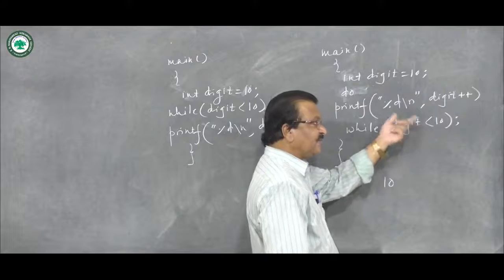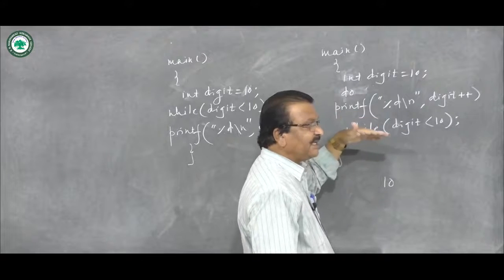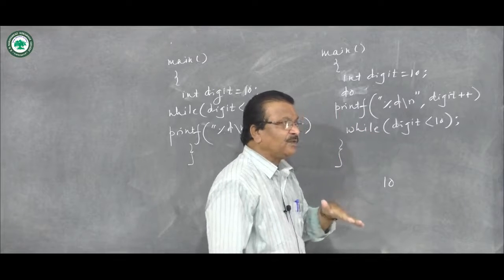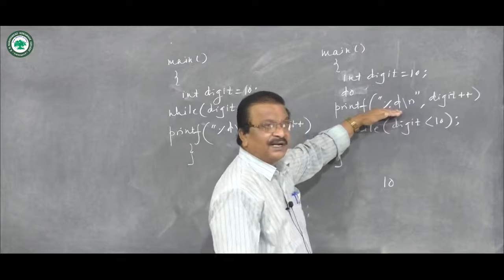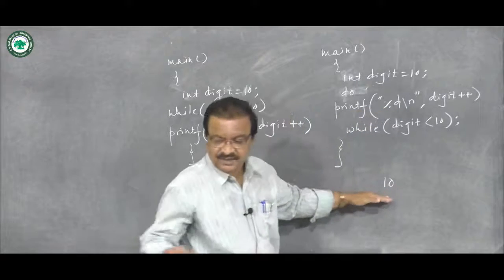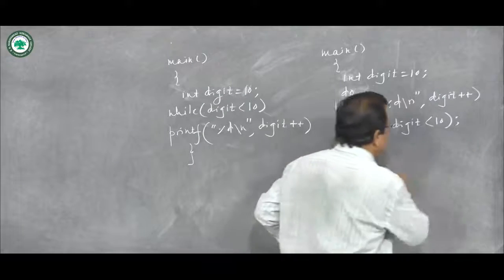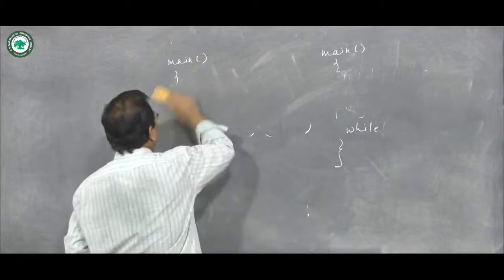The condition is false, and therefore the loop is terminated. So remember, the test condition being at the bottom of the loop, though it is false, the statement is executed at least once, and therefore it has given output 10. So this is the difference between the while loop and the do while loop.